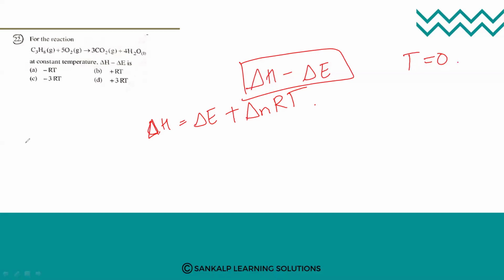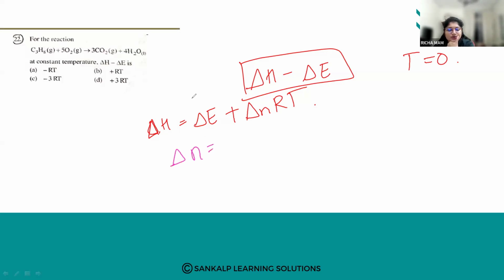What all is given? Delta n is given. Delta n is equal to the number of moles of gas: 3 minus (1 plus 5), so it will be 3 minus 6, which is equal to minus 3.